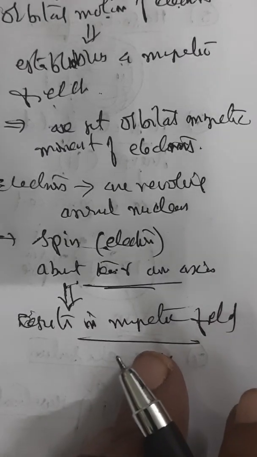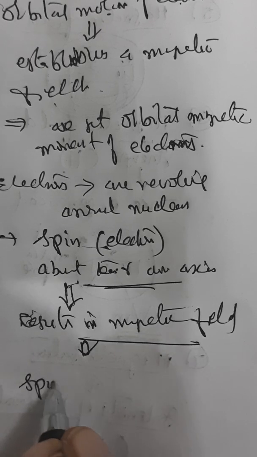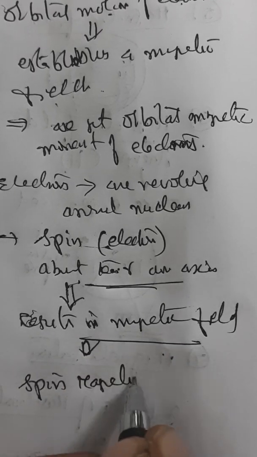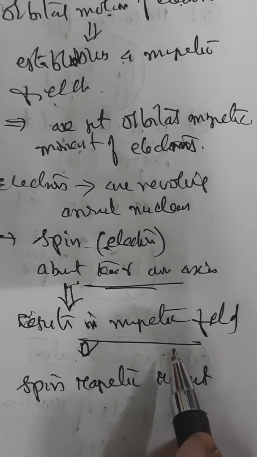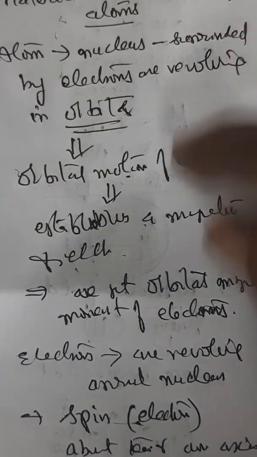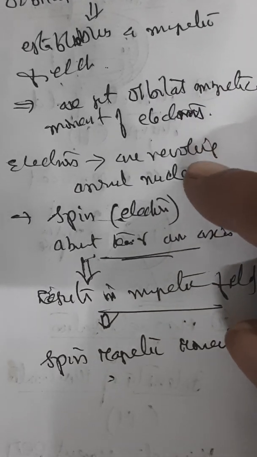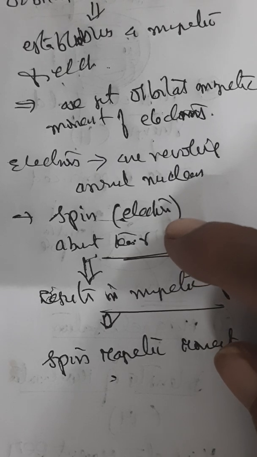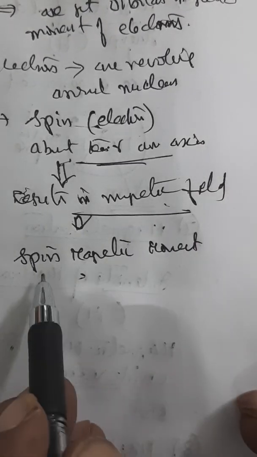Spin of electron also produces a magnetic field. Therefore, from this we will get the spin magnetic moment of the electrons. See, already we got motion of electrons in the orbitals. It has produced magnetism, and that is orbital magnetic moment. Spin of electrons about their own axis around the nucleus produces a magnetic field, resulting in spin magnetic moment.